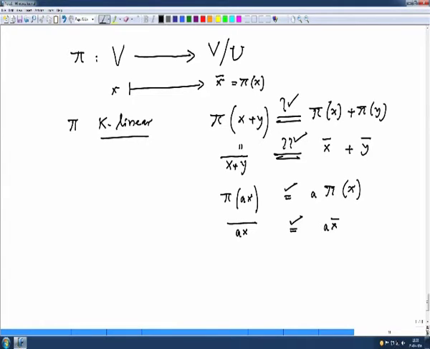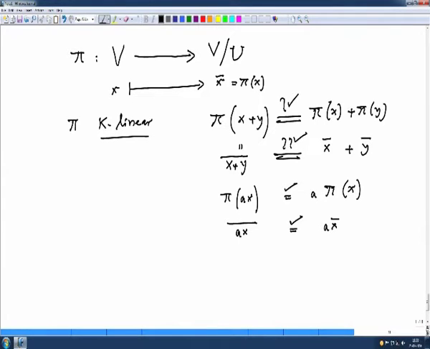So, now we have that the natural map is a k linear map. Now, we will start comparing what happens to their dimension, what happened to their basis and so on. That is what we do. Okay.